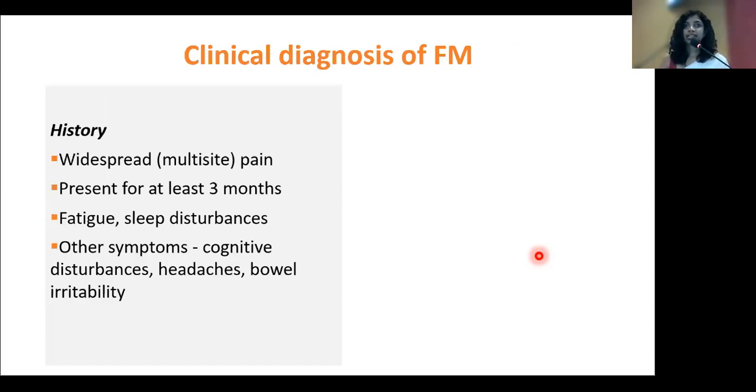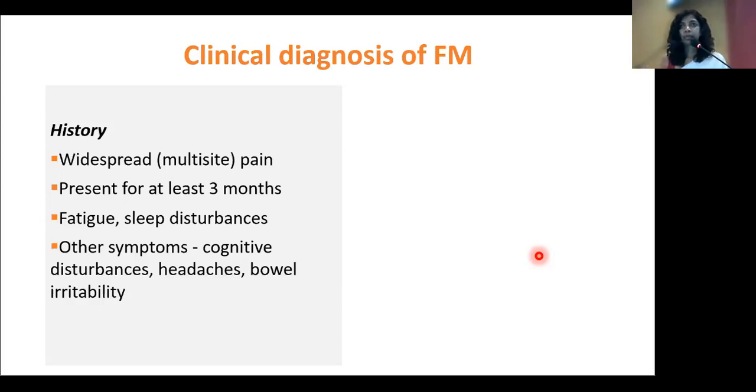So what do we look at? In the history, they'll say that they have pain in multiple sites, widespread pain, or some call it generalized pain. And it has been there for a few months, at least 3 months. We won't label a person as having fibromyalgia or chronic widespread pain if it has been there only for a week. And they have other problems.